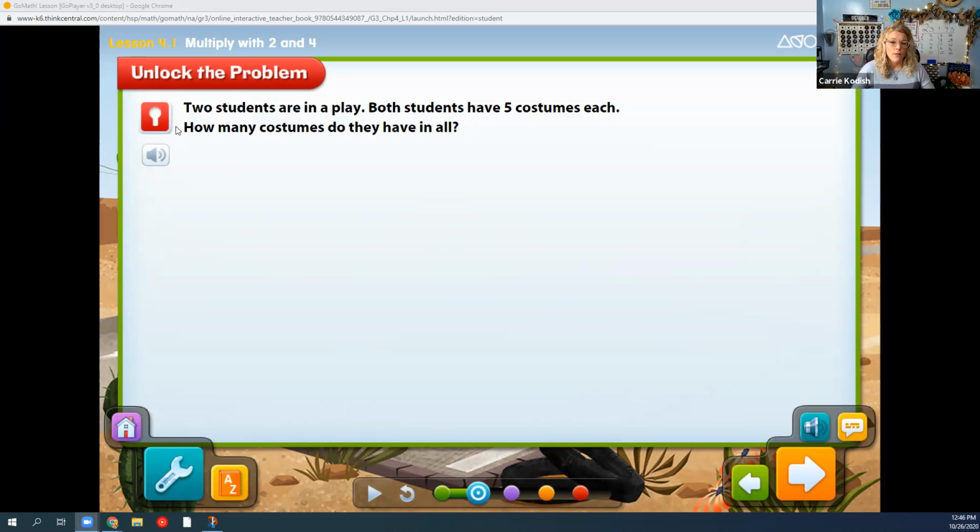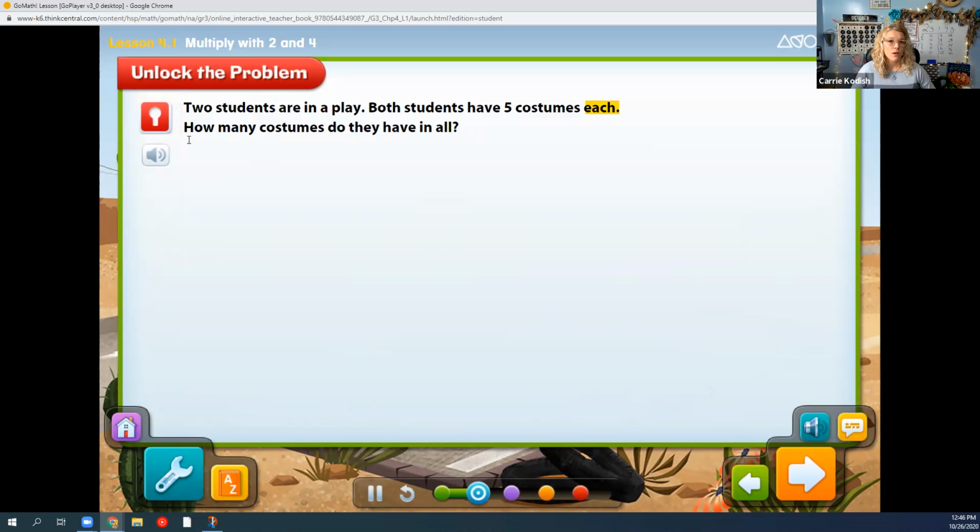Okay, so this first problem uses equal groups to solve some problems. Let's watch how they would work out a multiplication problem. With 2s or 4s, I want you to realize that the answers for 4s are just the answers from 2s that are doubled. So we'll do a comparison in just a moment.